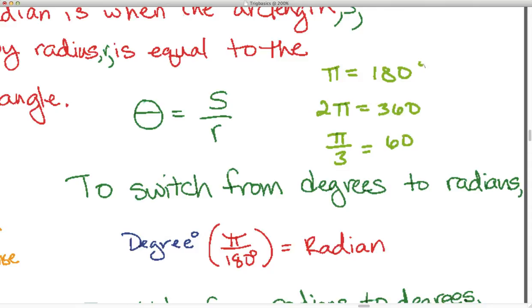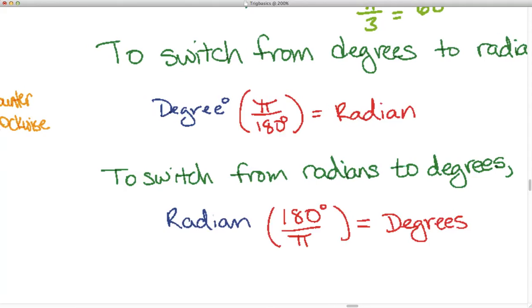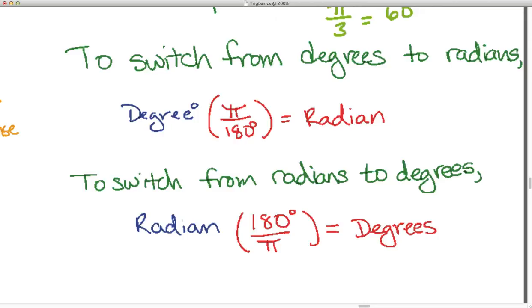How am I able to convert to degrees or convert to radians? Well, there are a couple little formulas that help you out with that. Okay, anytime you want to go from a degree to a radian, you use this formula here.